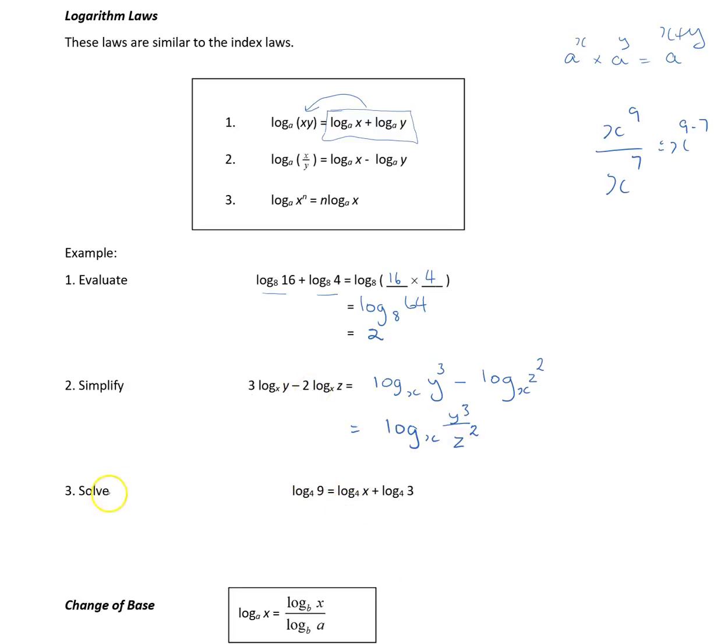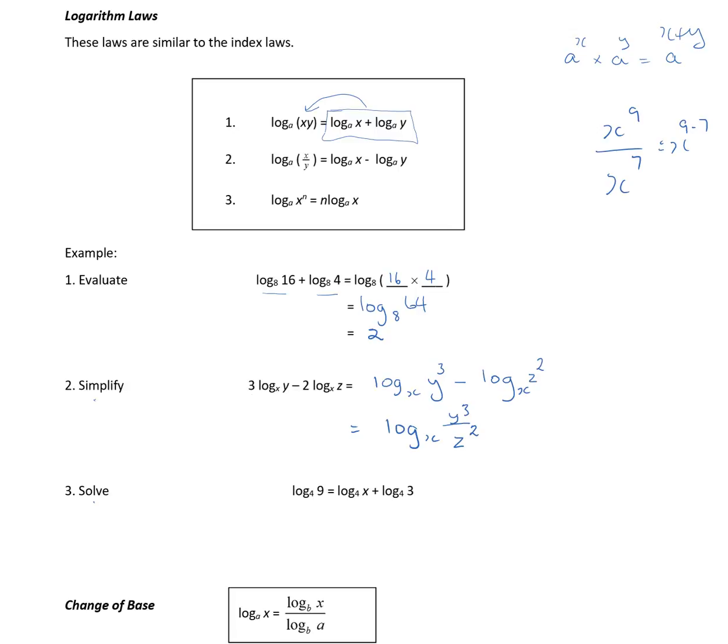Here we're being asked to solve. So the first one was evaluate, the second one was simplify. This example is solve. So we're finding the value of x, we're finding the value of this pronumeral. I guess the nice thing about this is that everything is to base 4.